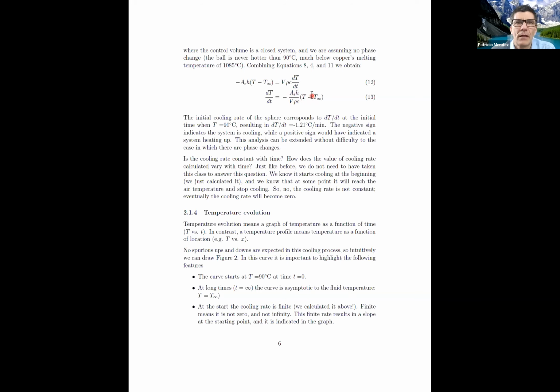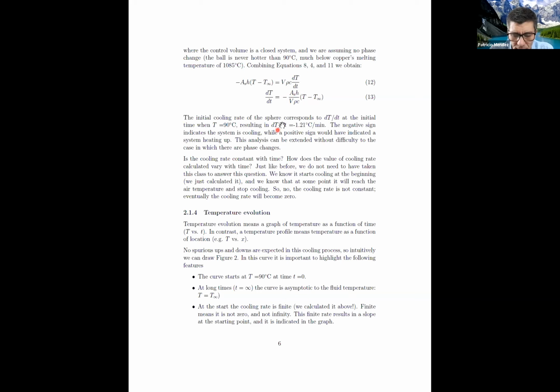Many of you might have heard, especially guys in materials, about the surface to volume ratio. Here it is. Surface is A_S over volume.